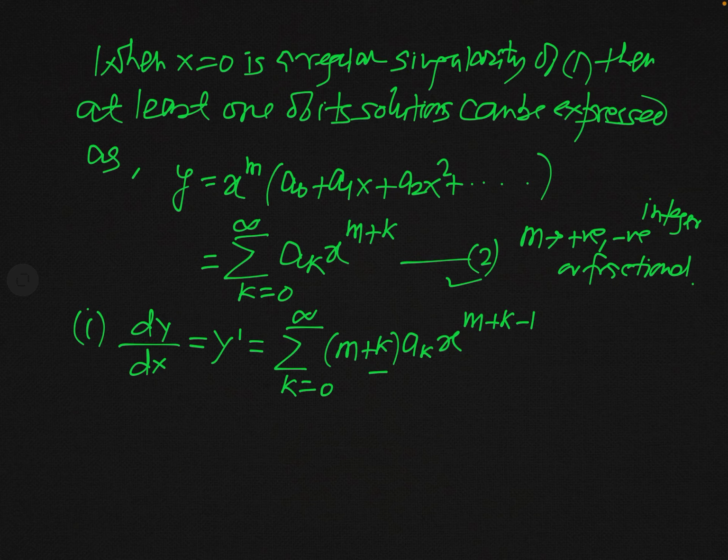Now after finding this y prime, we will find d2y by dx square, and it means y double prime.